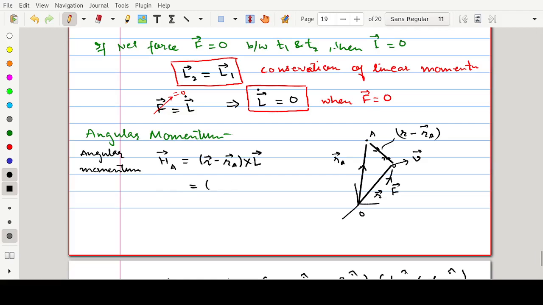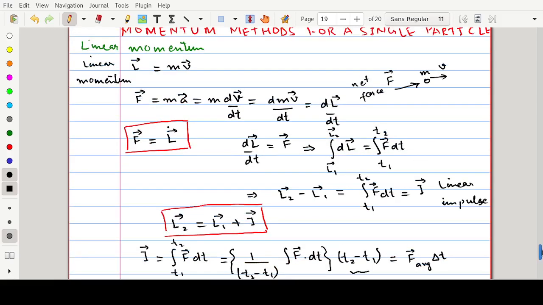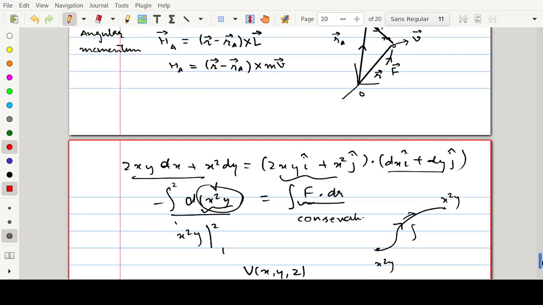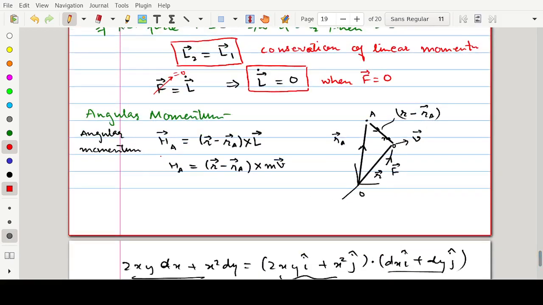So basically this comes out to be (R minus RA) cross mv. So this was the definition of linear momentum, and this is the definition of angular momentum.